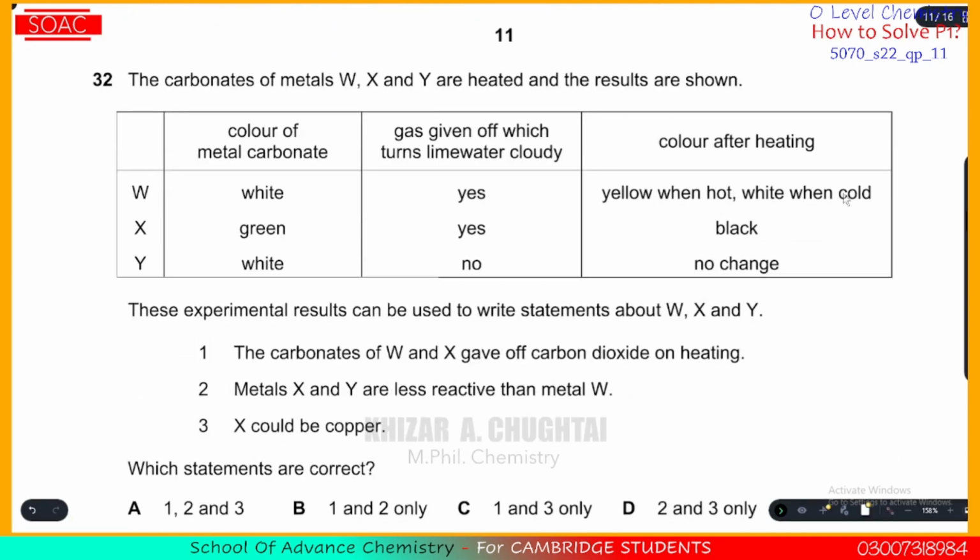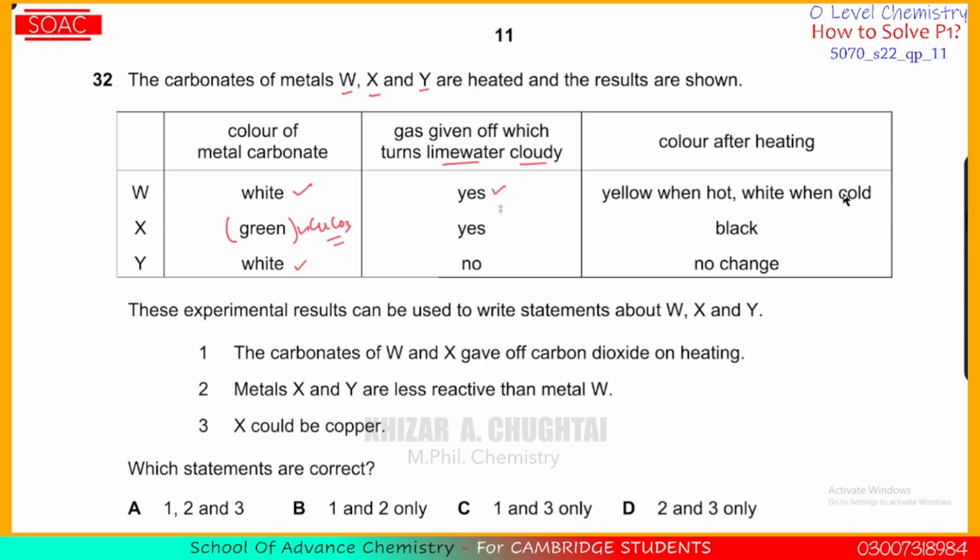Question number 32. The carbonates of the metals W, X, and Y are heated and the results are shown here. The colors of the metal carbonates are white, green, white. So X is a transition metal, and green carbonate is basically copper carbonate as far as the O-level chemistry syllabus is concerned. For the gas that turns limewater cloudy, yes, there is the expulsion of CO2.